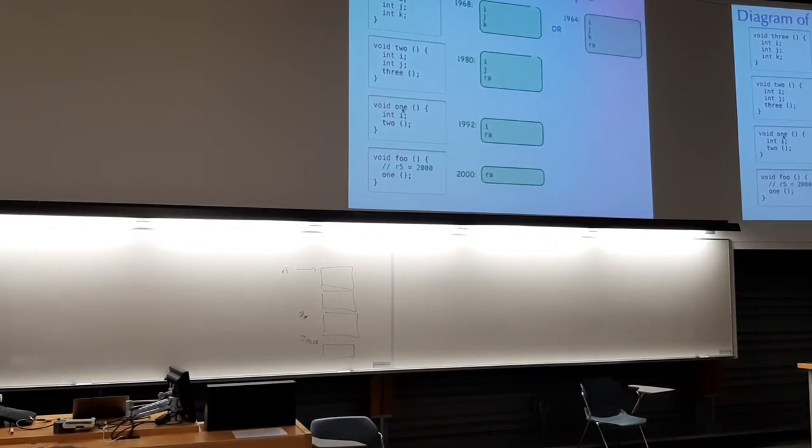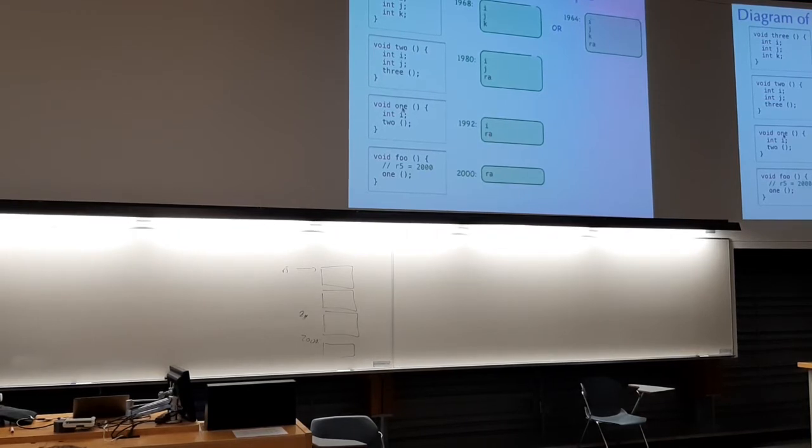And then the final one has 3, but it's different from the other ones in another way, which is that it itself doesn't call another procedure. So in this case, it's possible that the compiler will not generate code to save the return address. This is called a leaf procedure. A procedure that never calls another procedure might keep its return address just in a register, if it's small enough to do that.